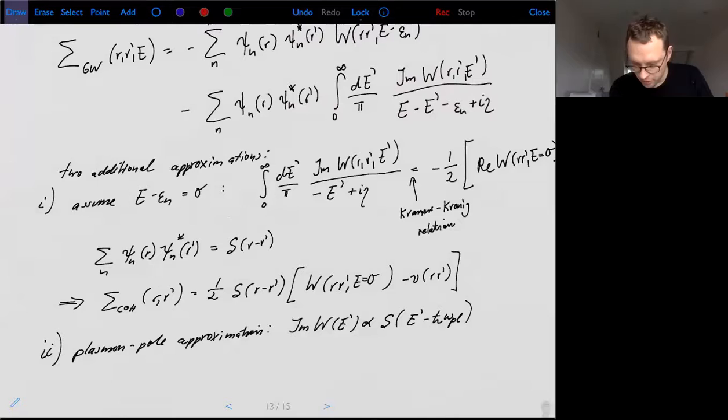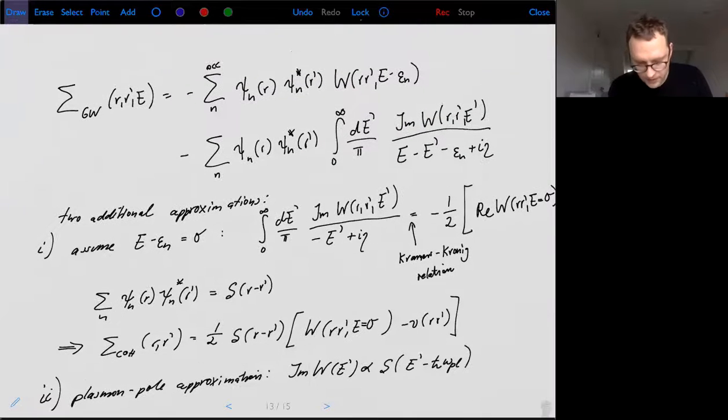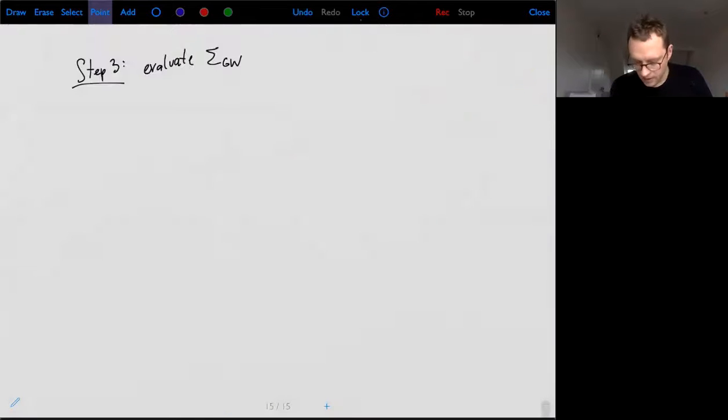Which is also not so trivial because the self energy involves another empty state summation here. So in the screened exchange term, we're only summing over the occupied states, but in the Coulomb hole term, we again have another summation over all states, both occupied and empty. So this happens twice. And so I need to evaluate the self energy, and then at the end of the day, I need to solve the equation for the quasi-particle energies.